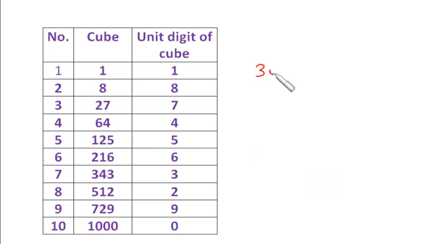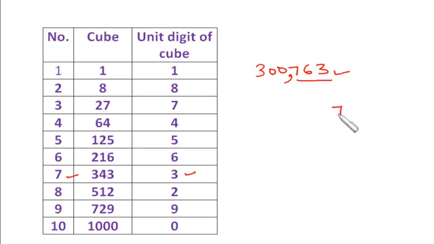Now let's take one more number. It's 300763. I'm making the sets of the numbers. The unit digit of the number is 3, so here we observe that the cube of 7 will end in 3. So the cube root of this number will definitely be 7 at the units place.